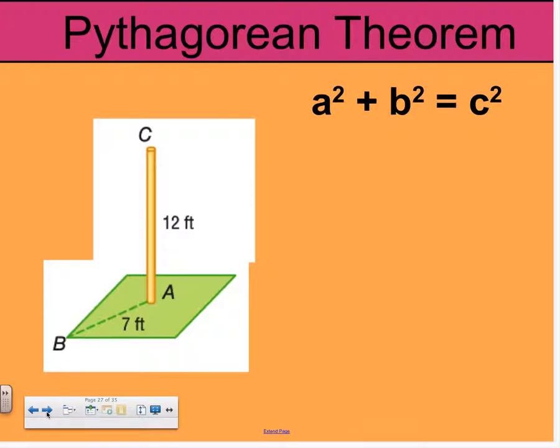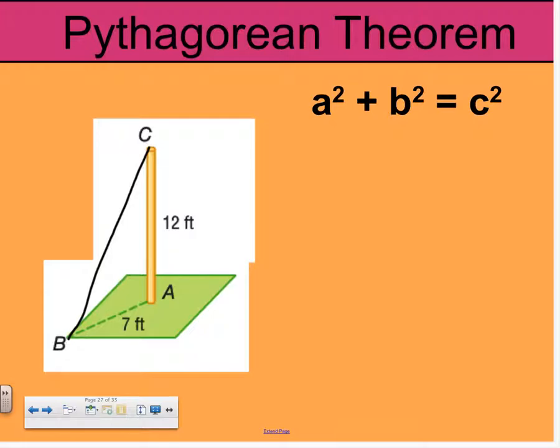So what are we asked to do here? What they're saying is they want to connect a wire from the top of the pole to the edge of the shadow, which is 7 feet long. So I'm going to have a line from the top of the pole right to there.